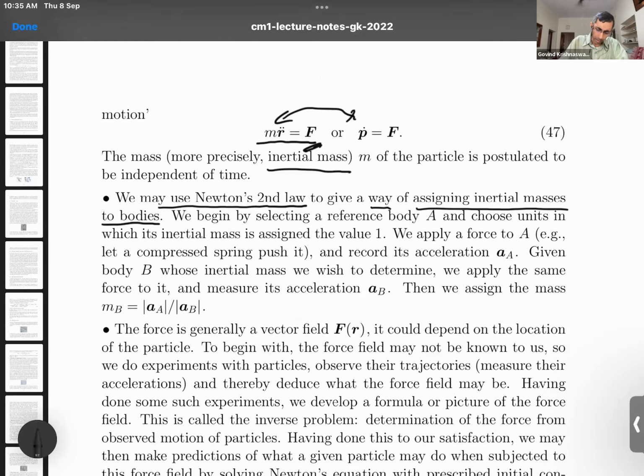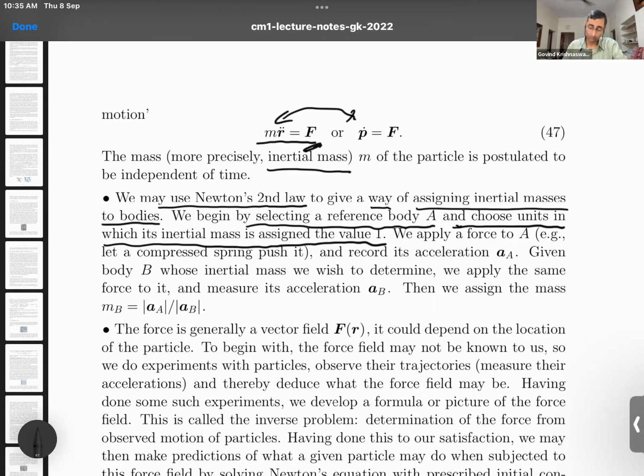We begin by selecting a reference body, your favorite body, maybe this spectacles case. And we call it body A, and choose units in which its inertial mass is assigned the value 1. Okay, so we choose units in which its mass is simply 1, and we are free to do that.